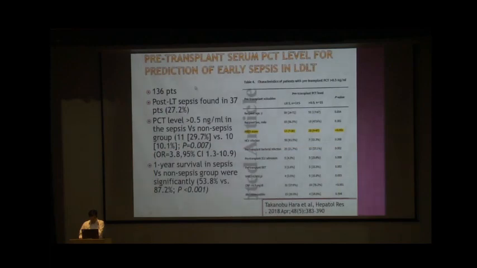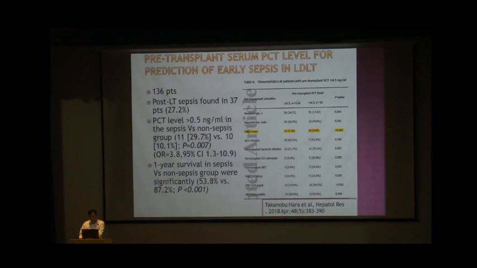This is another study which included 136 patients. They tried to identify the markers which identify sepsis, and they looked at serum PCT level in patients with sepsis and the non-sepsis group. And the survival again was lower in sepsis in comparison to the non-sepsis group.